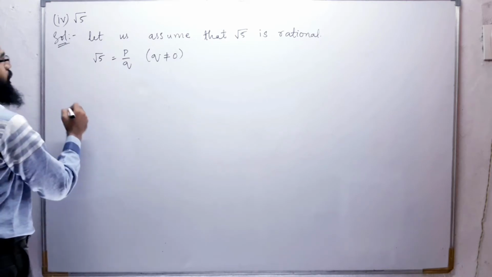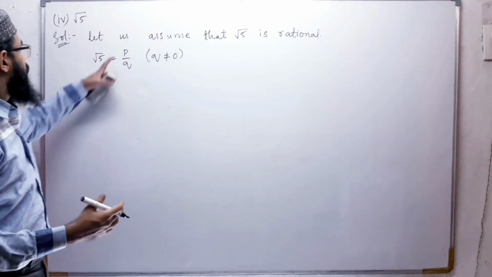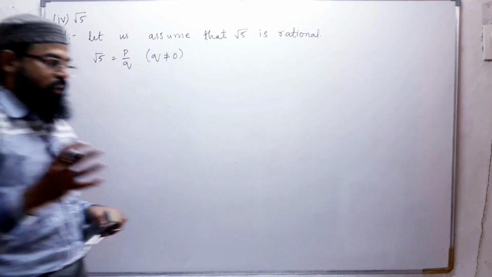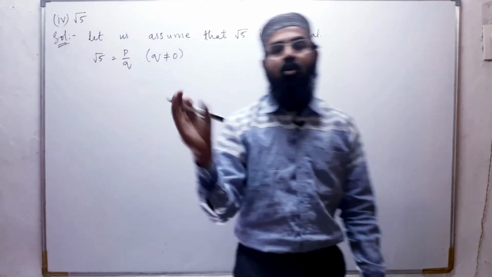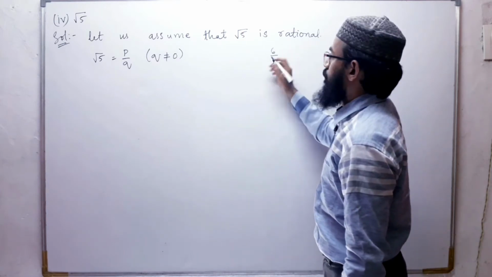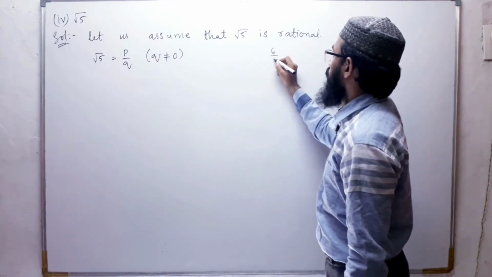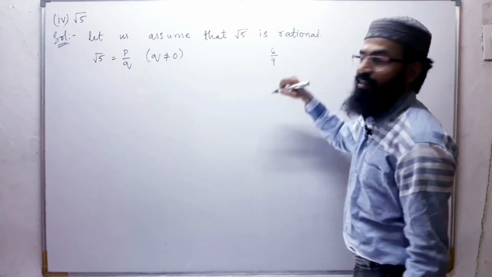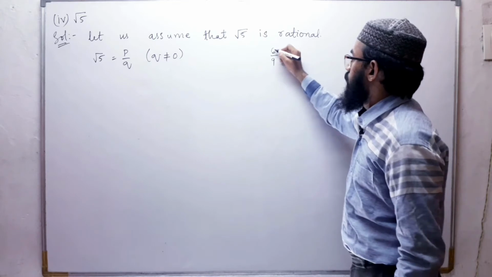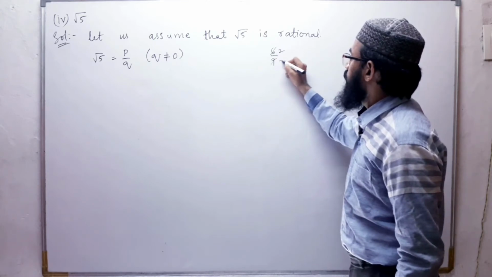Next, if we are able to write these numbers as p by q, some number may be common. Suppose I am writing 6 in place of p and 9 in place of q. We can cancel this, because they have a common factor, 3. 3 twos are 6, 3 threes are 9.